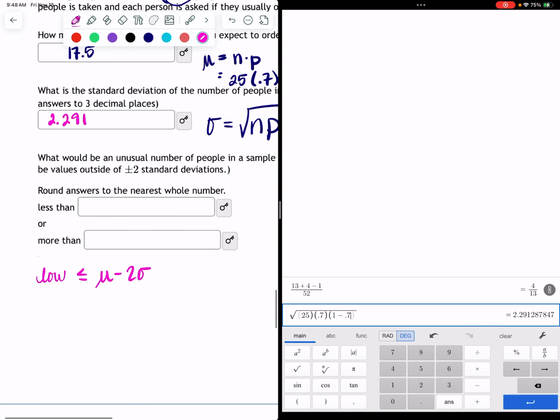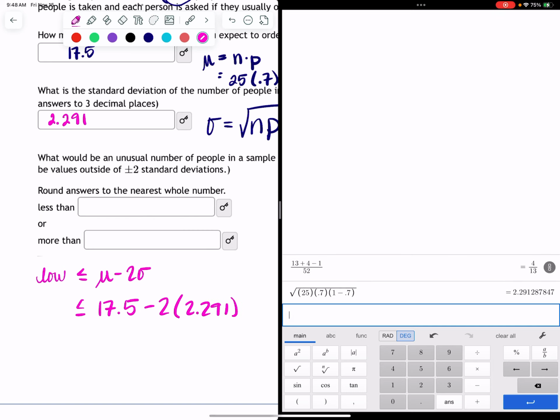Well, it just so happens we have mu, and we have a standard deviation, and we have Desmos to do the hard part.